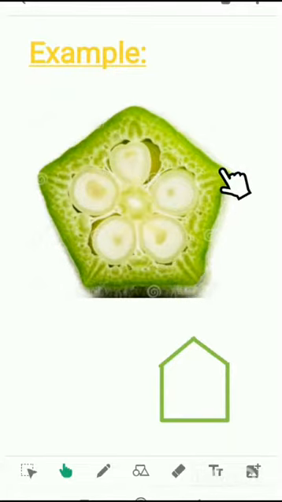It has 5 sides, 1, 2, 3, 4, and 5. And also 5 angles, 1, 2, 3, 4, and 5. And also 5 vertices. This is a real life example for pentagon.